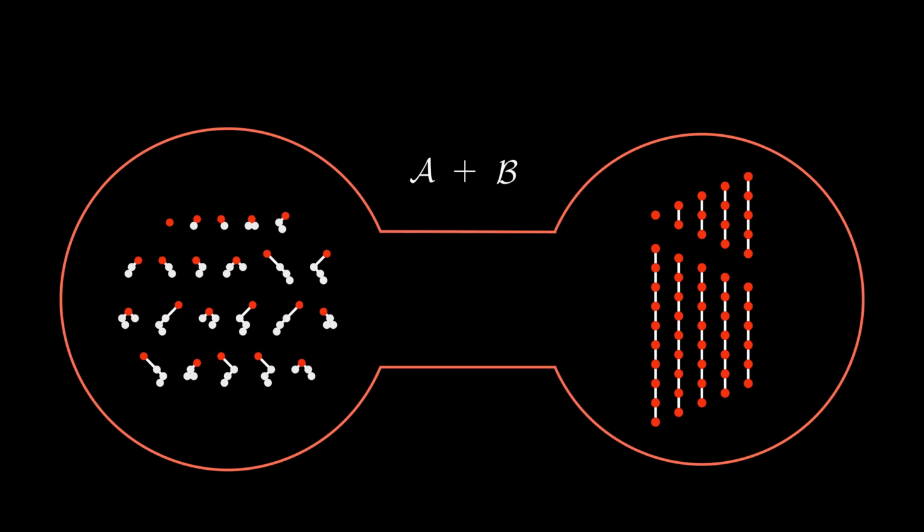In order to not have to deal with this, we will always consider A and B to have nothing in common. An easy way to think about this is we color all of the objects in A orange and all of the objects in B blue. That way, A and B have no objects in common, and A plus B is all orange and blue objects. This is also known as the disjoint union.